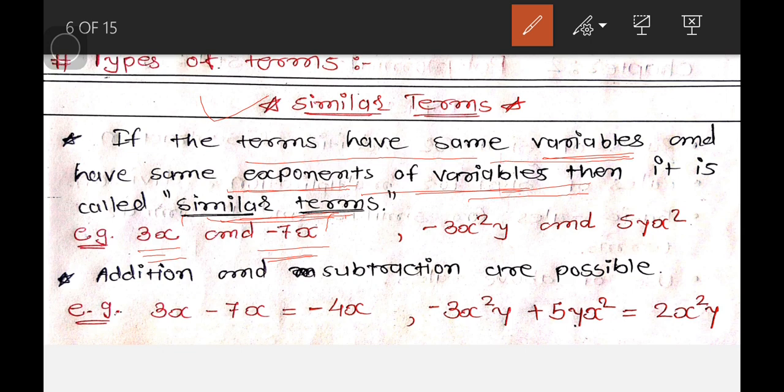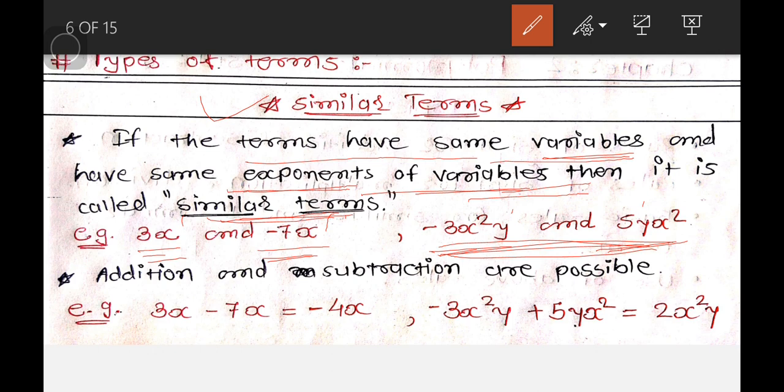Here is one more example, minus 3x square y and 5y x square. Here also, in both terms there are two variables x and y, and x has exponent 2 in both terms and y has exponent 1 in both terms, then we can say that the given terms are similar terms.